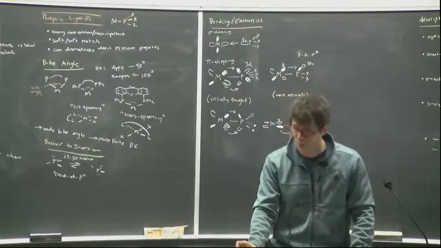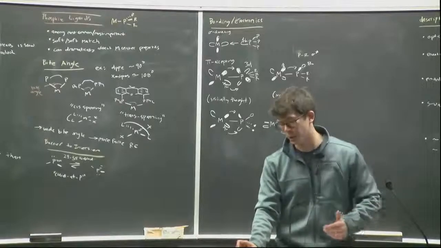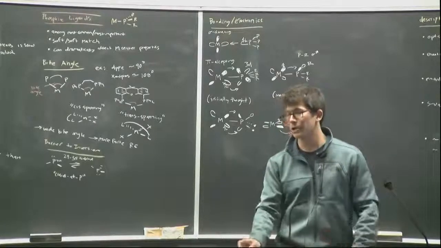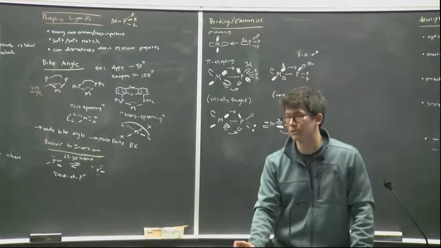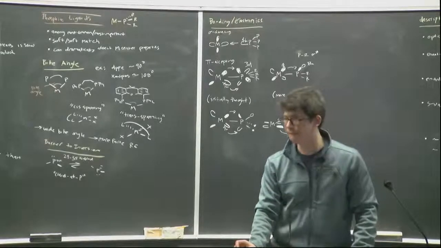Now the metal center should be more electron rich, should be able to participate in enhanced back bonding. That should weaken the CO bond, and should it increase or decrease the stretching frequency? I didn't catch that. It should decrease the stretching frequency. Okay? Everybody get that?